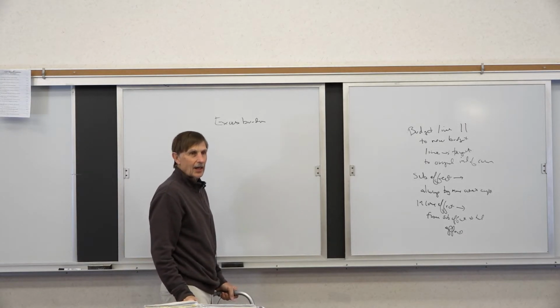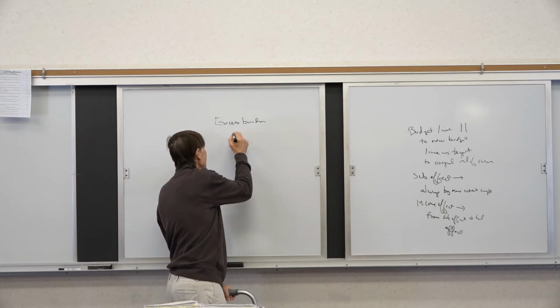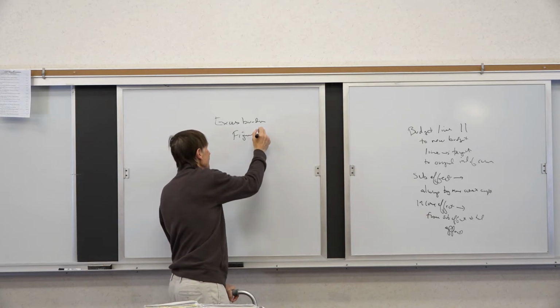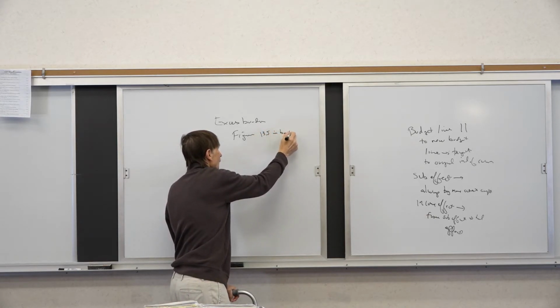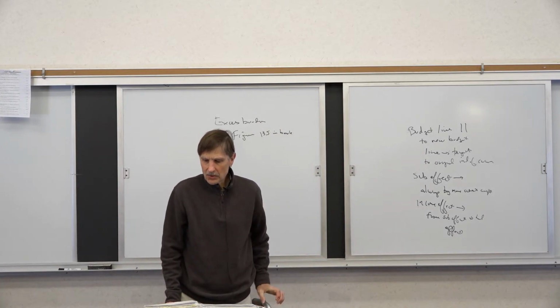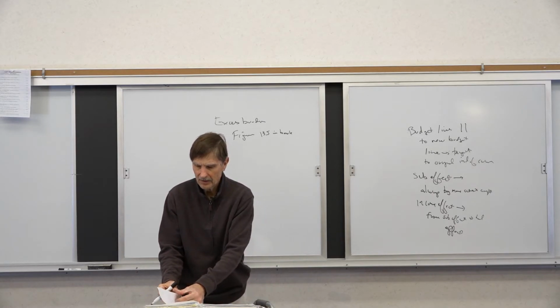We have to look at the income compensated plot. So, what do I have? Is this figure 13.5 in the book? Okay, then if we look at figure 7 here.